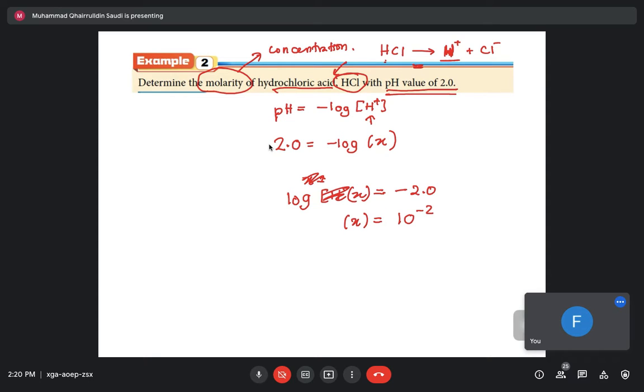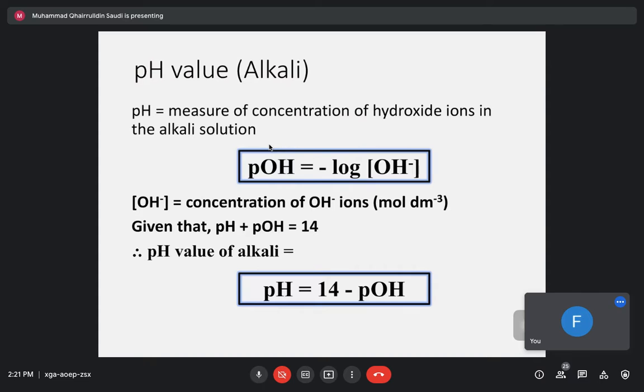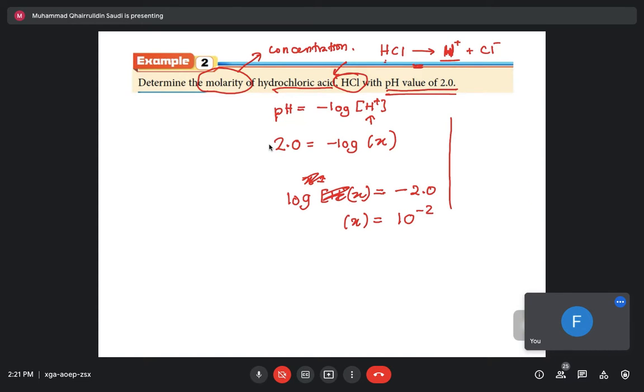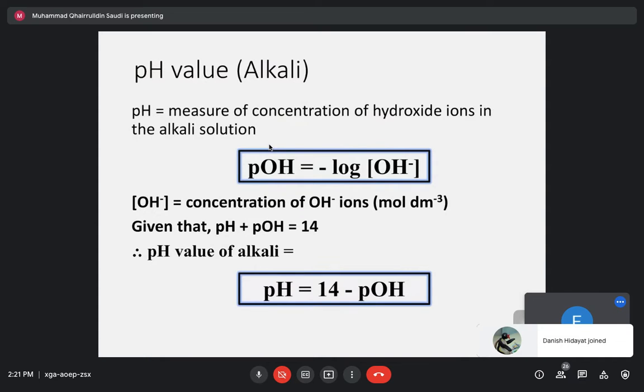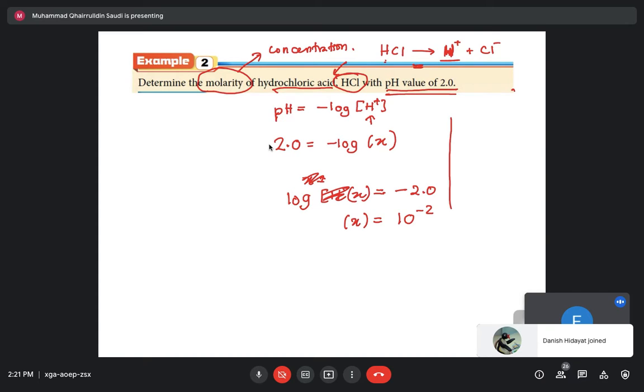Dah belajar kan? Belum. Hah? Serius belum? Betul belum? Okay, macam ni. Saya buat satu-satu balik lah.